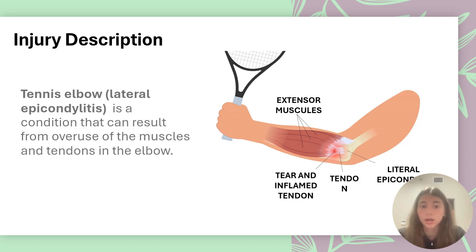These tendons are bands of tough tissue that connect the muscle of your lower arm to the bone. The muscles and tendons of the forearm are damaged from overuse, basically repeating the same movements over and over again. This leads to inflammation or, in some cases, to microtrauma to the tendons that connect to the forearm muscles on the outside of the elbow.